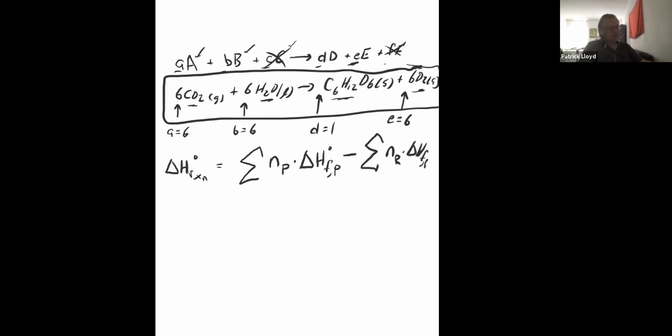Delta H of a reaction, and again, we'll assume that we're under standard conditions, is equal to the sum of the number of moles of each product, N sub P, times delta H of formation of that product, P for product, minus the sum of N sub R times delta H of formation of each reactant, R for reactant.